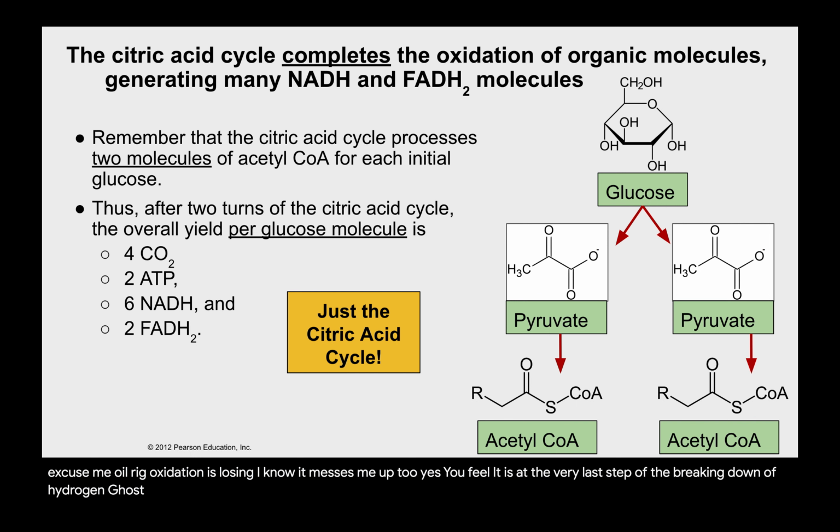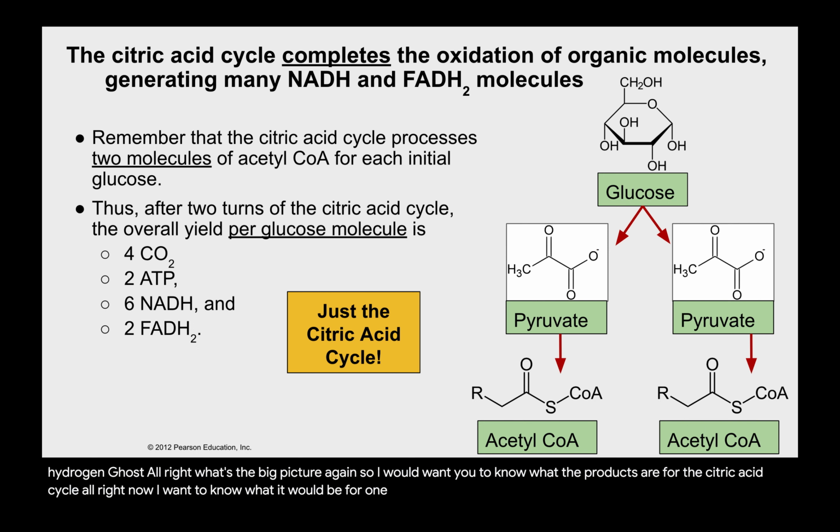All right, let's think big picture again. I would want you to know what the products are for the citric acid cycle, for one turn of that cycle, but also for one molecule of glucose. Now remember, glucose is split into pyruvate in glycolysis.